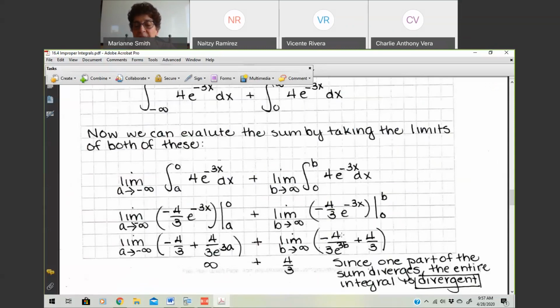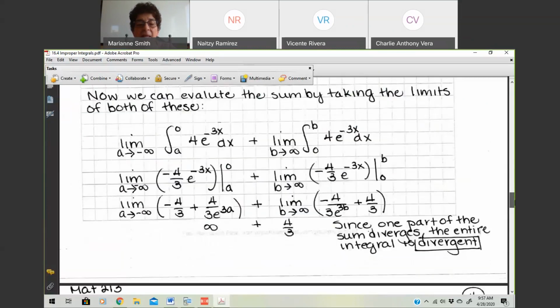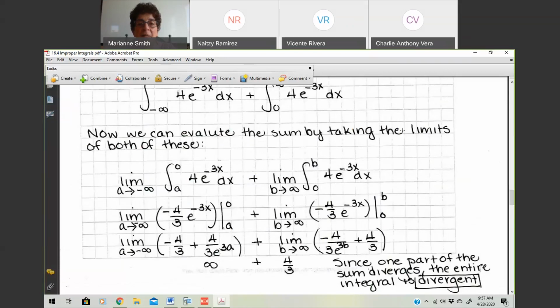This fraction goes to 0. So the negative 4/3 is cool. The positive 4/3 is cool. This is a 0, but this blew up. So you have to stop and say the integral is divergent. So again, as soon as one part diverges, the whole integral diverges.